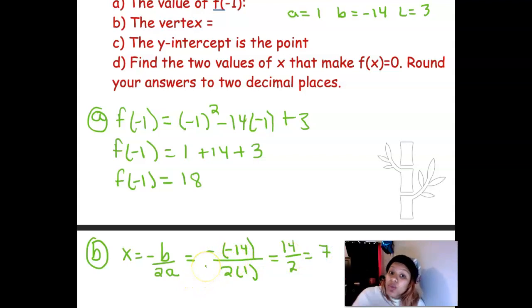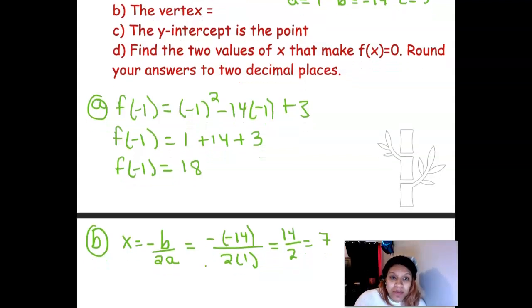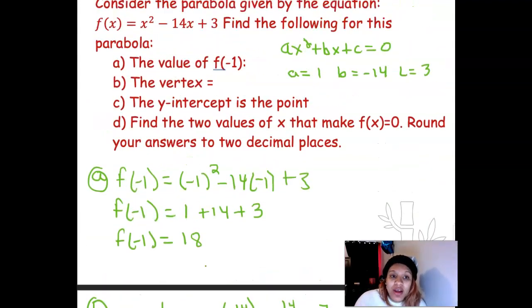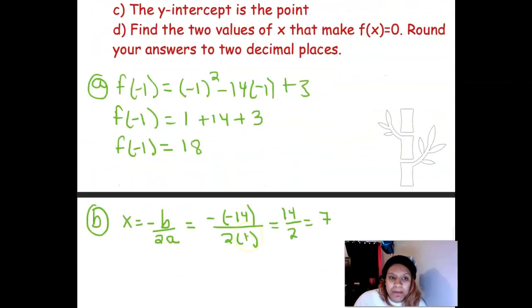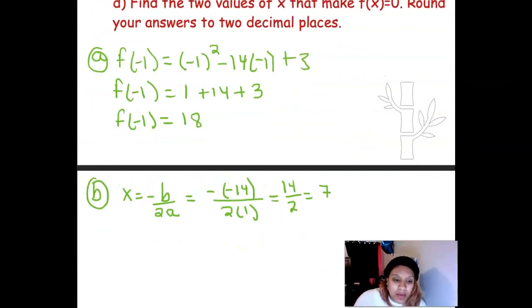Now to find the y value of the vertex, because the vertex is a point, we're going to substitute that into the actual function. So we're going to do what we just did for part A. Now I'm going to say f of 7 equals 7 squared minus 14 times 7 plus 3.